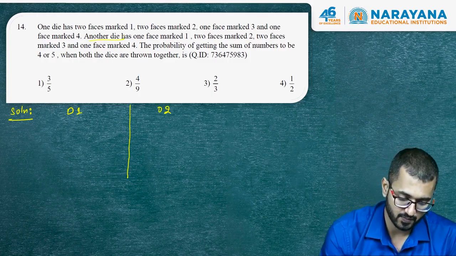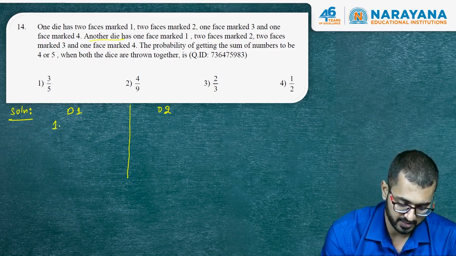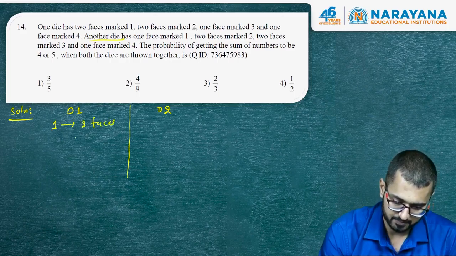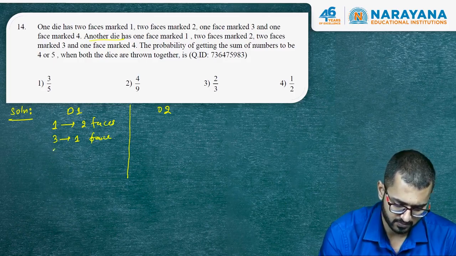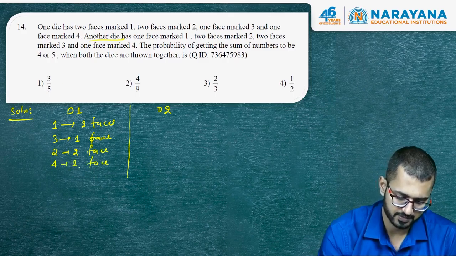It has 2 faces marked 1, so 1 is on 2 faces, and 3 is on 1 face, and 2 faces marked 2, so 2 is on 2 faces, and 4 is marked on 1 face. So done.